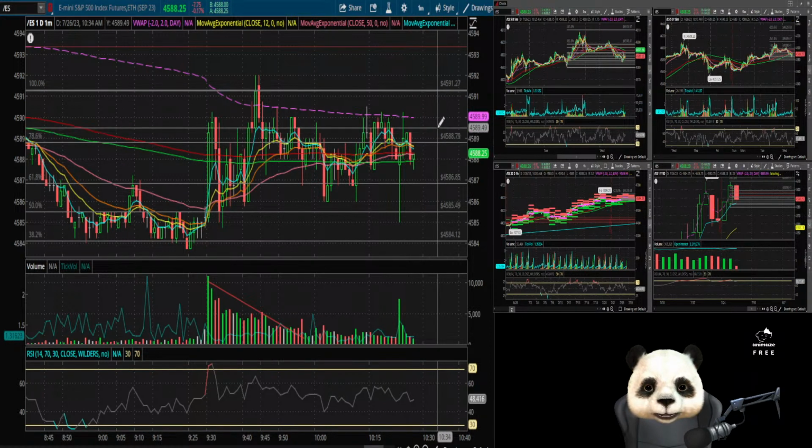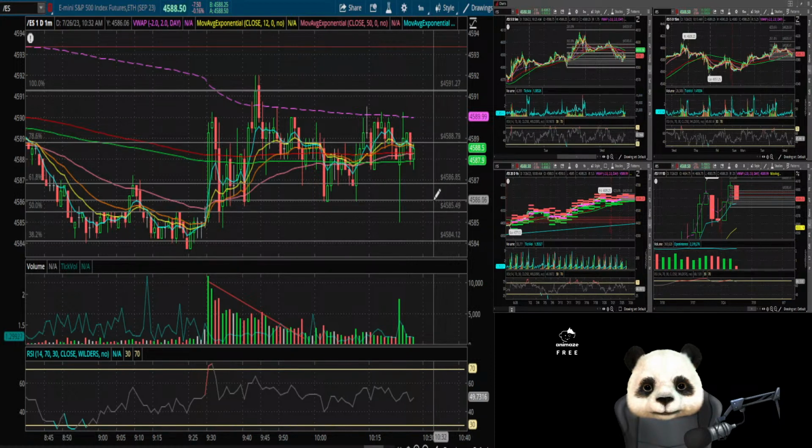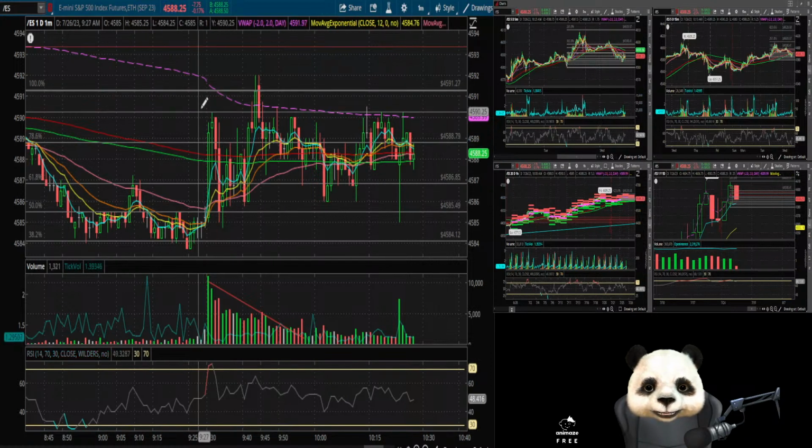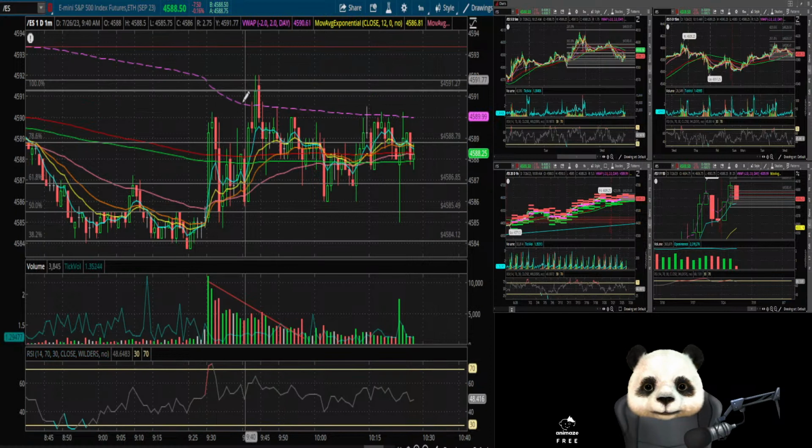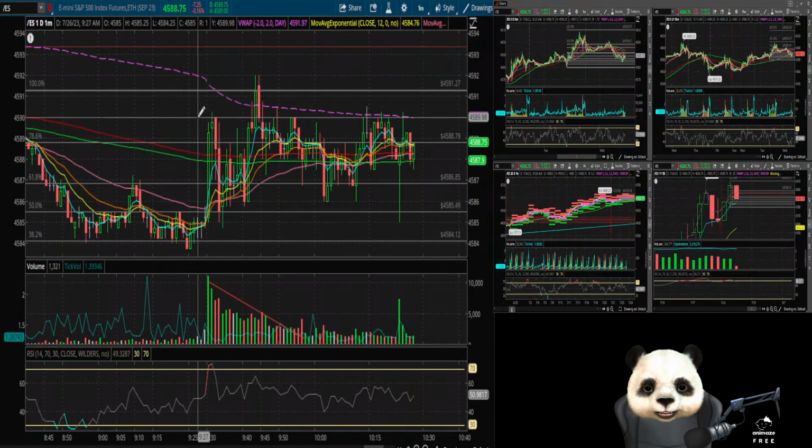Could even be lowering my stop to break even there, if not down here, a little bit below, so I'd secure some profit. But yeah, it's just this clear sideways channel right now. Besides the attempt to break above here, we're in a clear sideways channel.